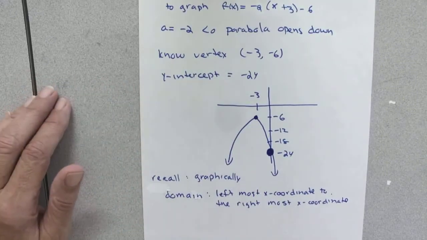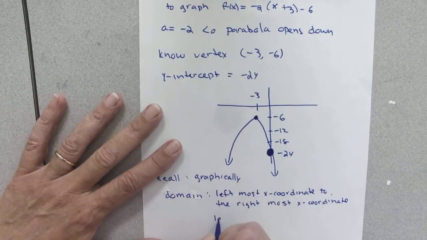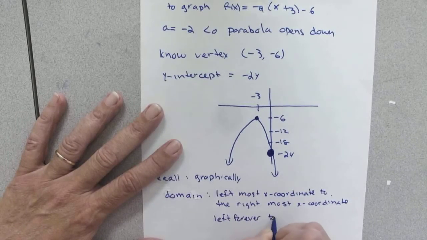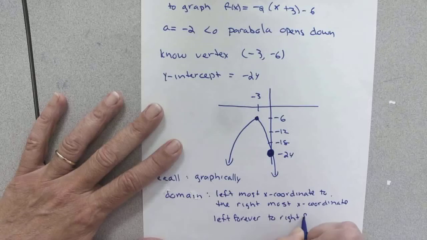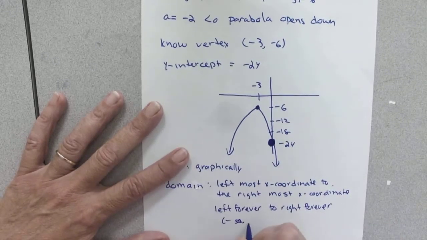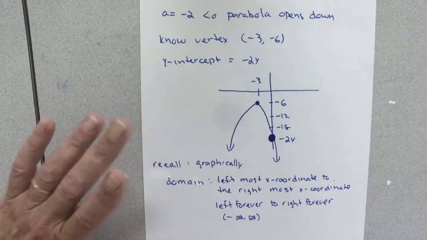Well, when I look at my graph here, it's going left forever to right forever. And so my domain will be negative infinity to infinity.